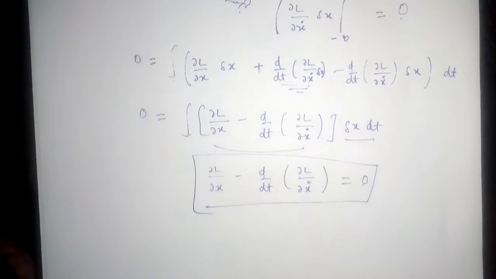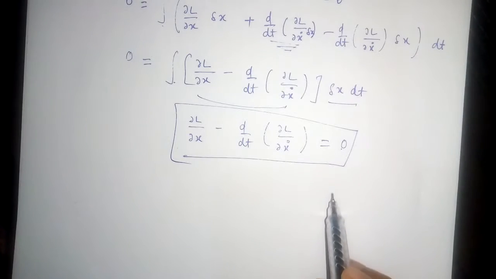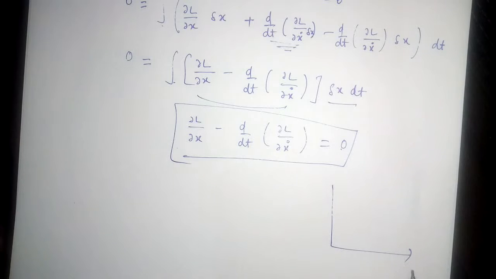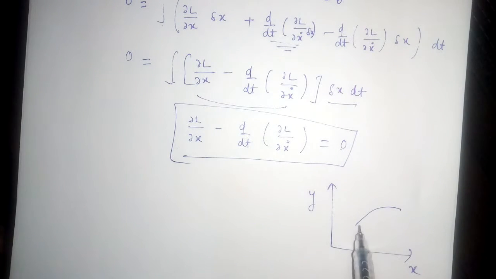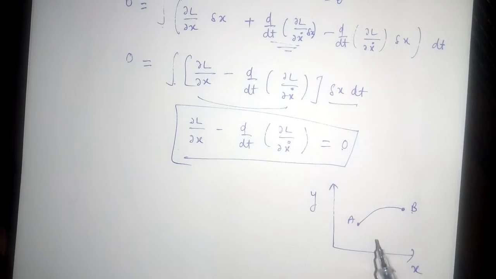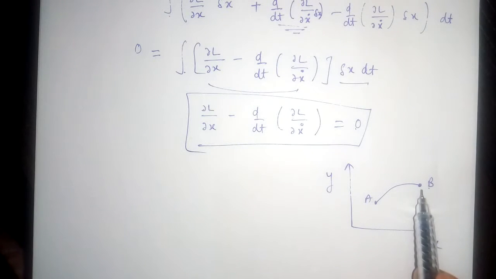A similar case arises if we have given a path in xy coordinates. Let's say this is the path here, a to b, then we have to find the minimum path between a to b.